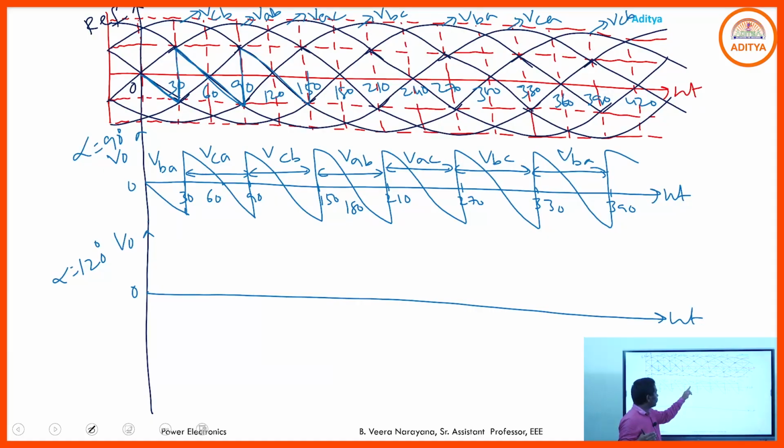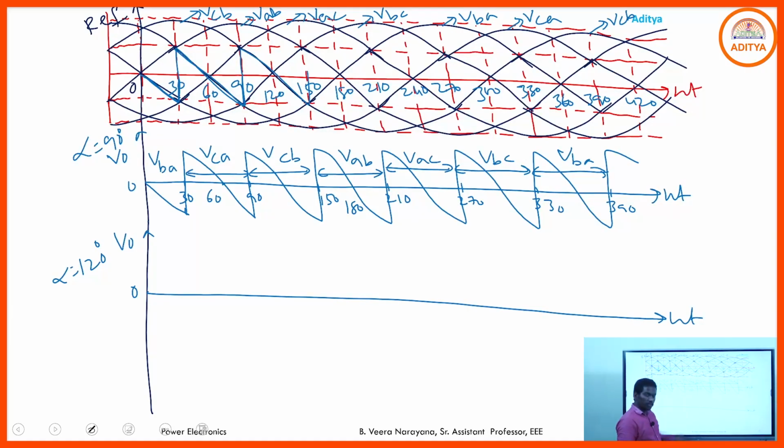So from 150 to 180 some energy is transmitted from source to the load, and from 180 to 210 some energy is transmitted from load to the source. So the resultant average voltage across the load is 0. How you are getting the 0 will be discussed.